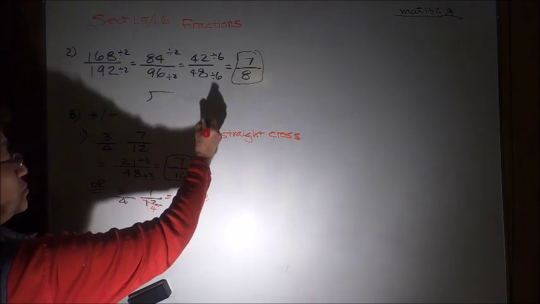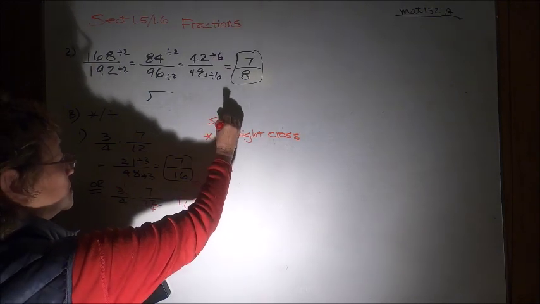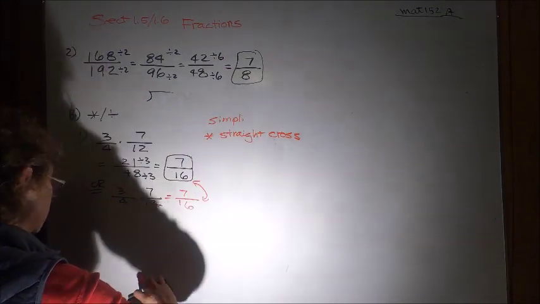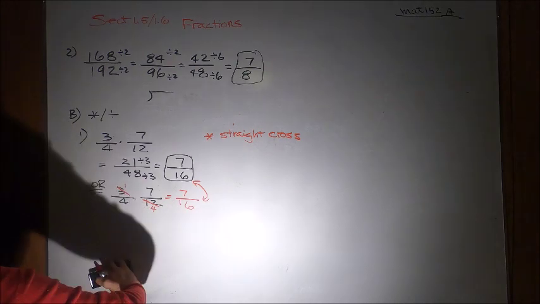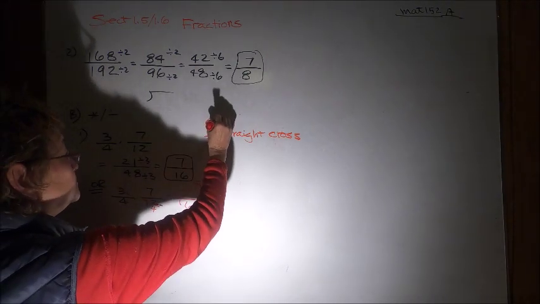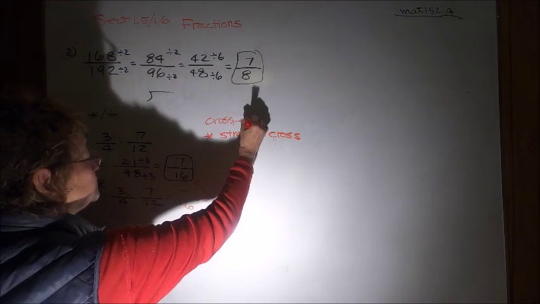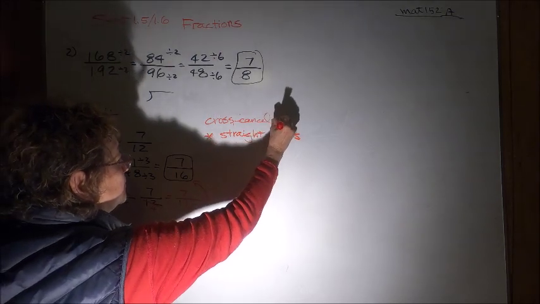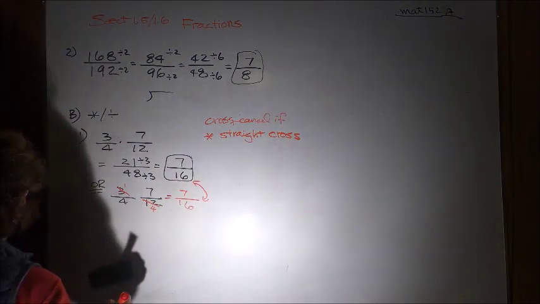So, we will do what? We will simplify first. We say, cross cancel first, if we can, right?